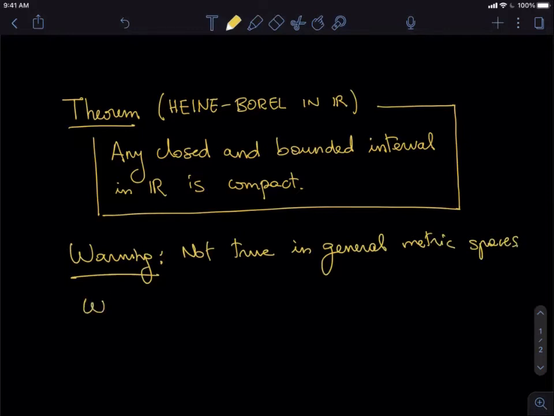What is true is that if a set is compact, then it is closed and bounded.